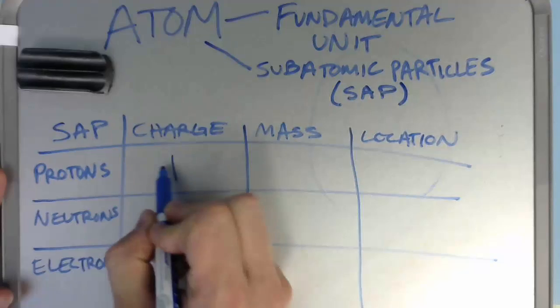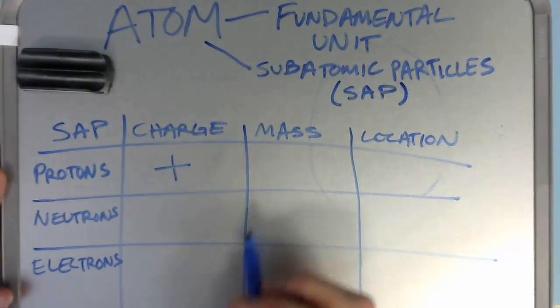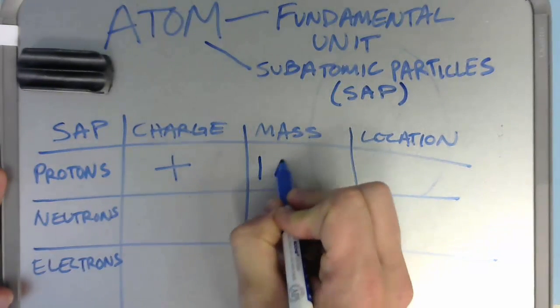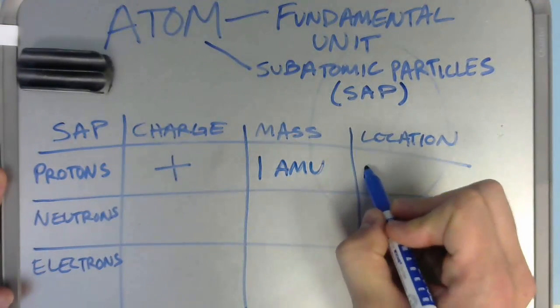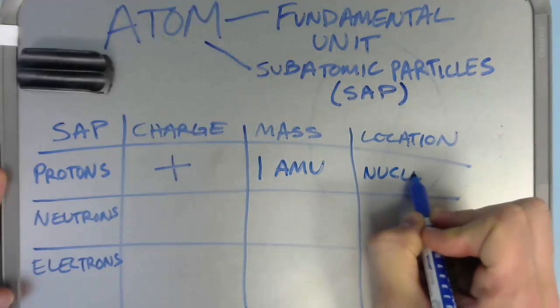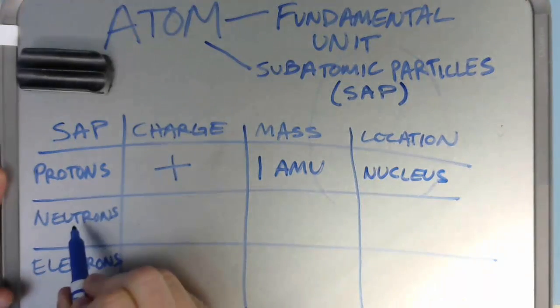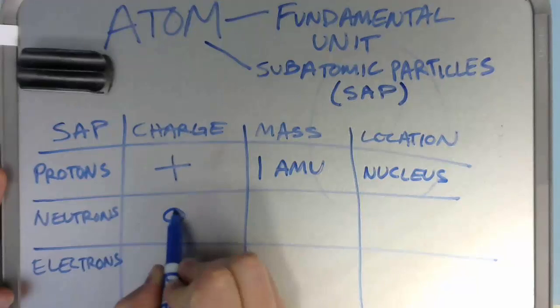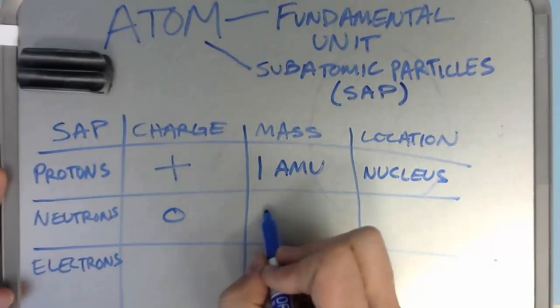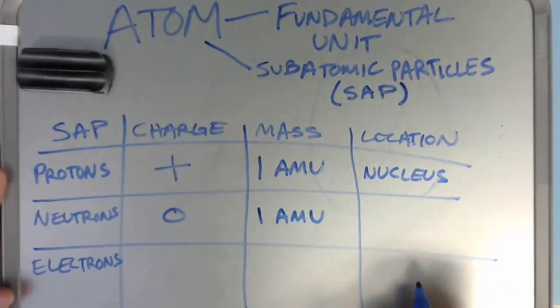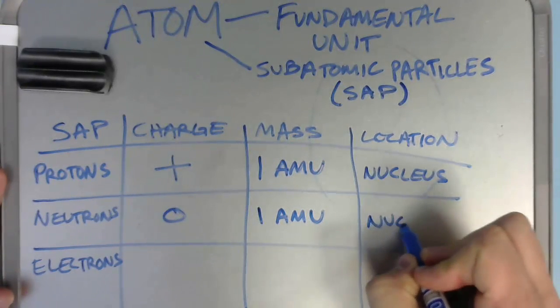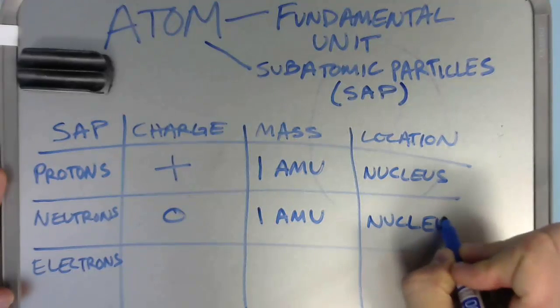Protons have a positive charge and a mass of 1 atomic mass unit, and they are located in the nucleus. Each neutron has a 0 charge, but also has a mass of 1 atomic mass unit and is also located in the nucleus.